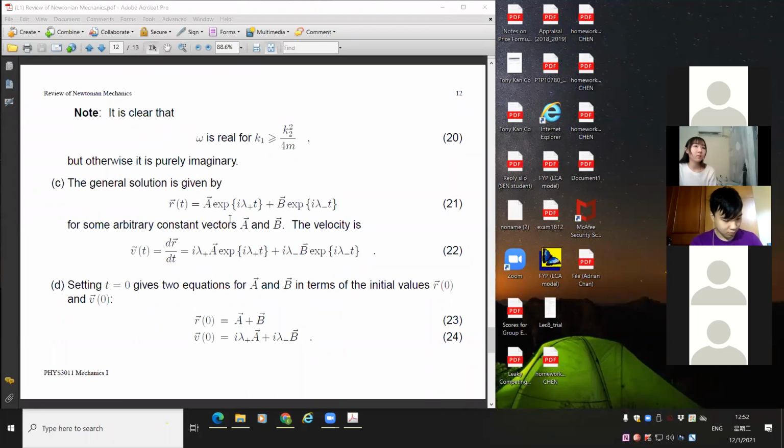And the velocity will be given by equation 22, via direct differentiation of the R vector.